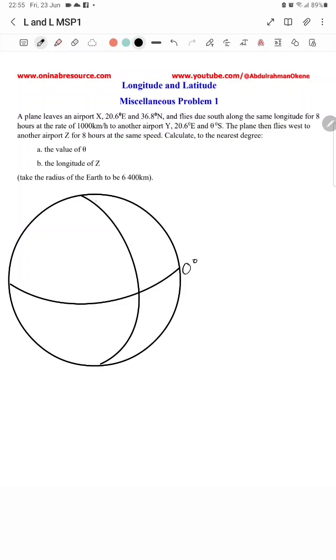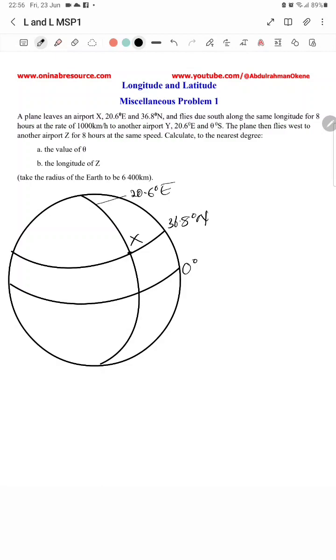This is where X is, on 36.8 degrees north. So the plane leaves X here. That's the coordinate of point X: 20.6 degrees east and 36.8 degrees north.